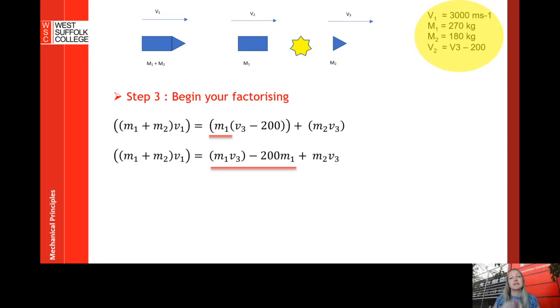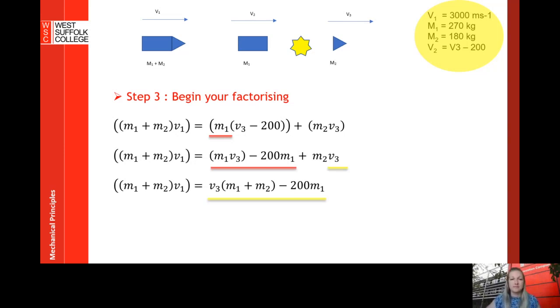We can then focus on factorising that last section now. So we want to see what the common factors are and begin to factor that last section, that last section being V3. So the way we're going to do that is we're going to look at V3 and factorise that out.